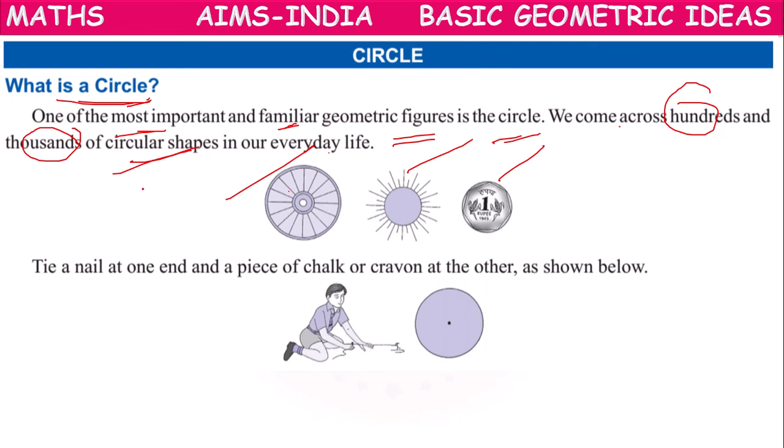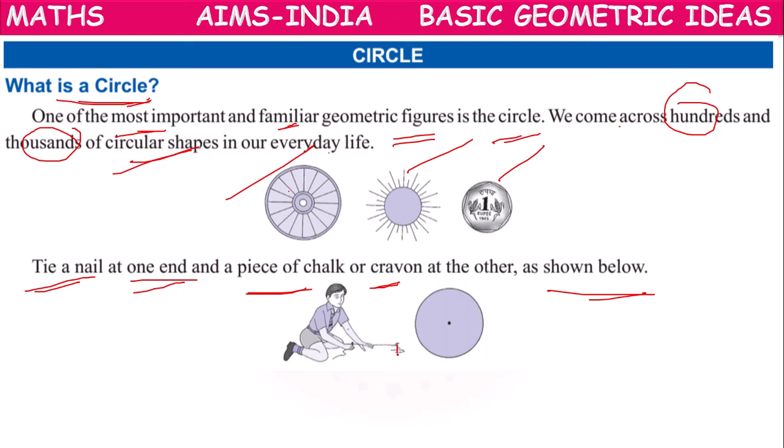How to make a circle: tie a nail at one end of a piece of chalk or crayon at the other, as shown below.